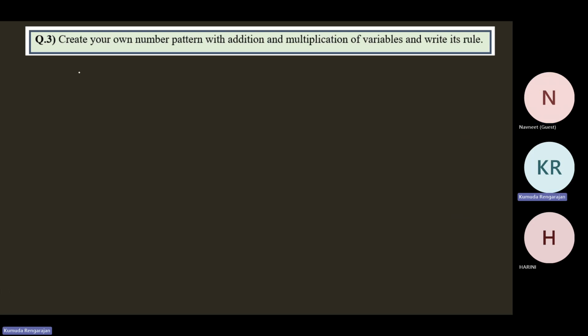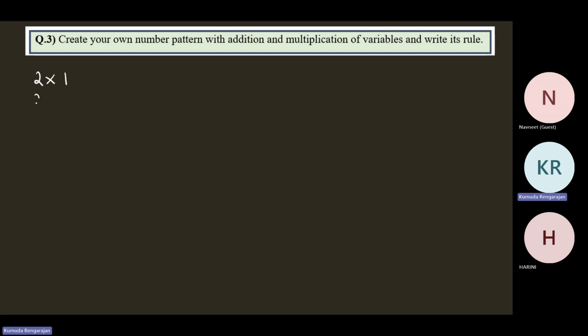Harini, tell me any number. 2, ma'am. Okay. Now you want to multiply, so you have to multiply 2 with 1. You should multiply by 1 only. That's the first term.